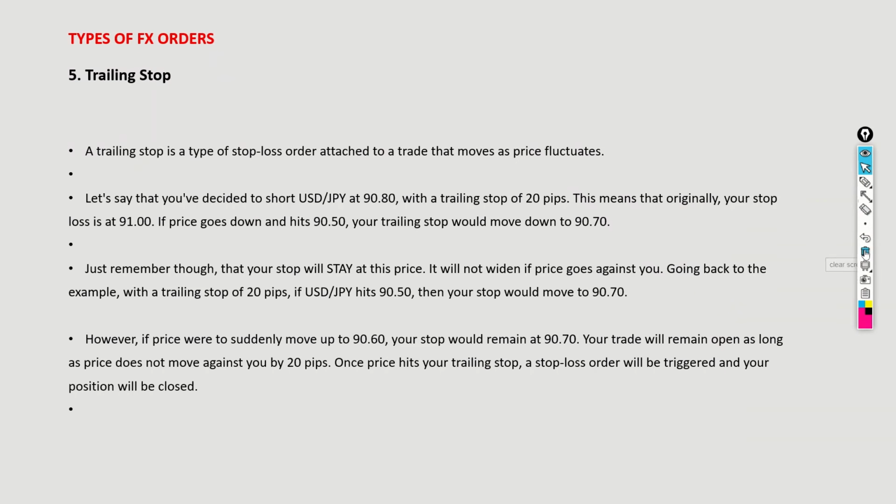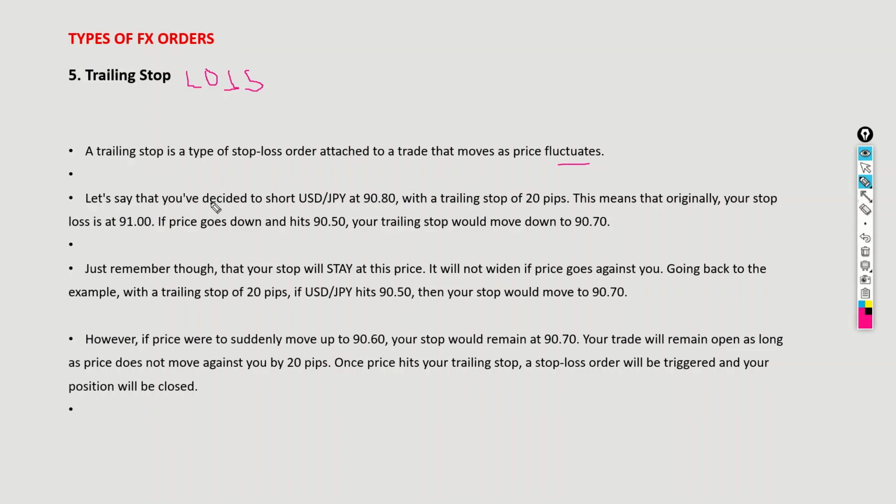So we want to look at what we call the trailing stop loss. This is called the trailing stop order, or the trailing stop loss. So a trailing stop loss is a type of stop loss order attached to a trade that moves as price fluctuates.